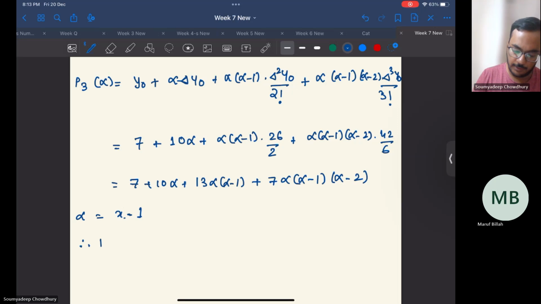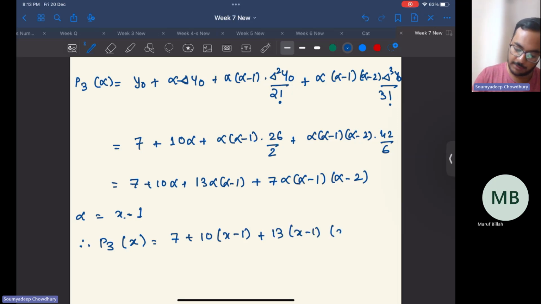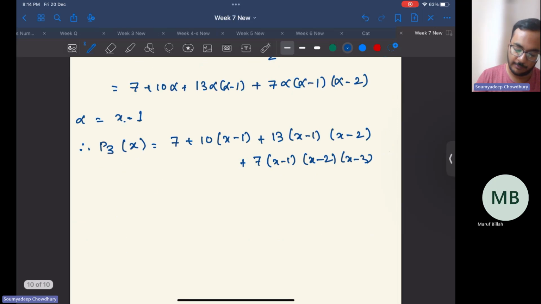Therefore, your P3 of x, now this alpha we will substitute here: 10 into (x minus 1), 13 into (x minus 1) into (x minus 2), plus 7 (x minus 1)(x minus 2)(x minus 3). Now we have to simplify this.